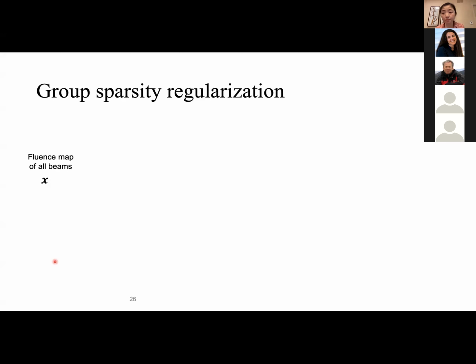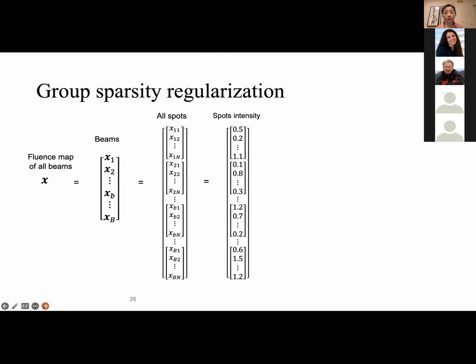I want to give a simple example of why group sparsity regularization can be used to select beams. We can break down X: it's the concatenation of all candidate beams. And every candidate beam consists of a lot of spots, and every spot in that beam can have some intensity. So that's how an X vector looks, for example.